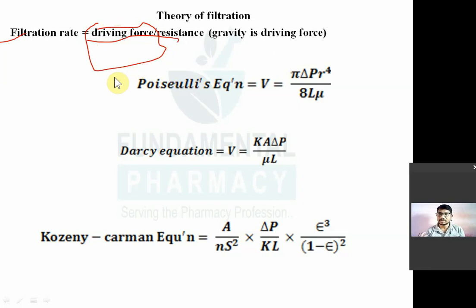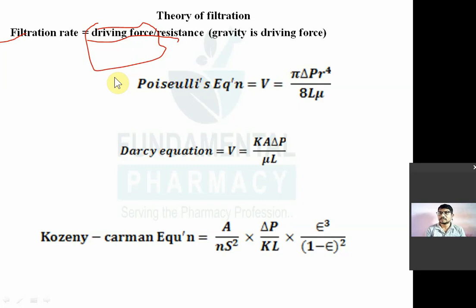Or in another way, you can apply pressure on the funnel. When you feed the slurry under pressure, the filtration rate increases. So filtration rate is increased by applying pressure above the filter medium, or decreasing the pressure below the filter medium.